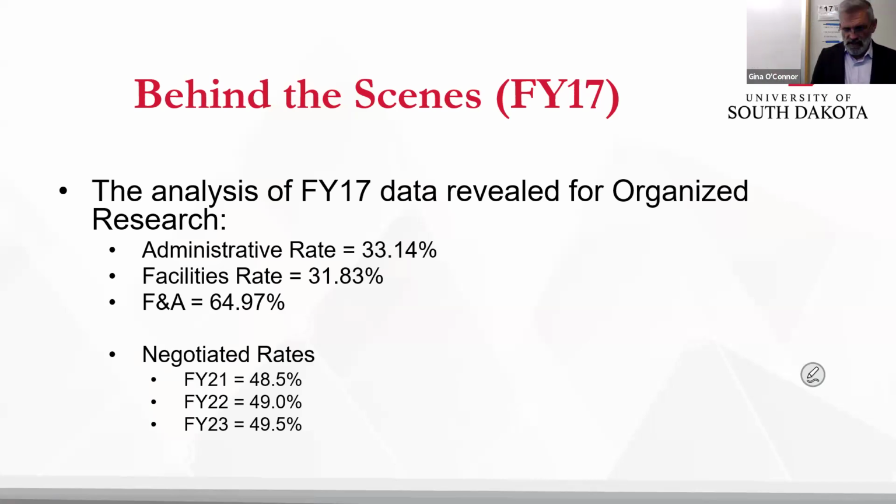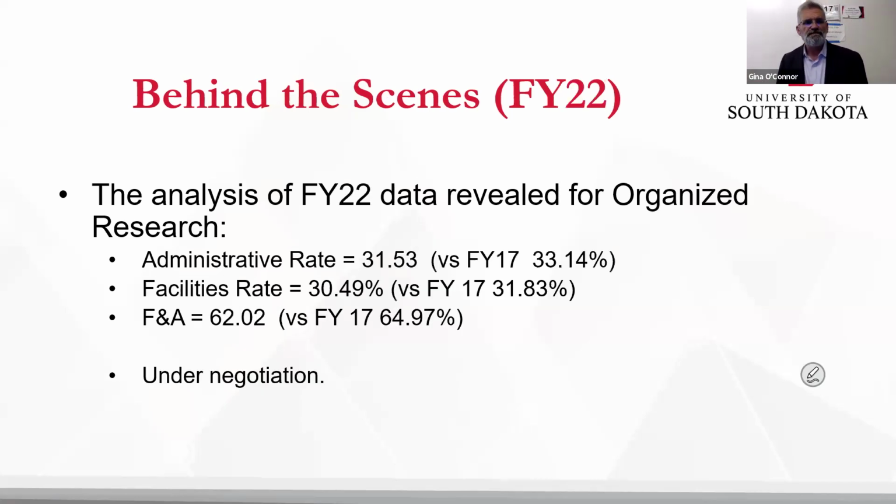So the universities are really a key financial participant within the research enterprise. And then when we looked at the data from FY22, as Maximus prepared our package to go forth, they determined that our administrative rate was 31.53, facilities 30.49, which were both reductions from preceding years.